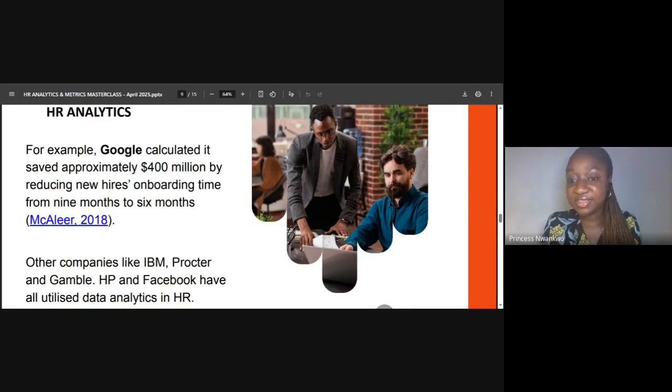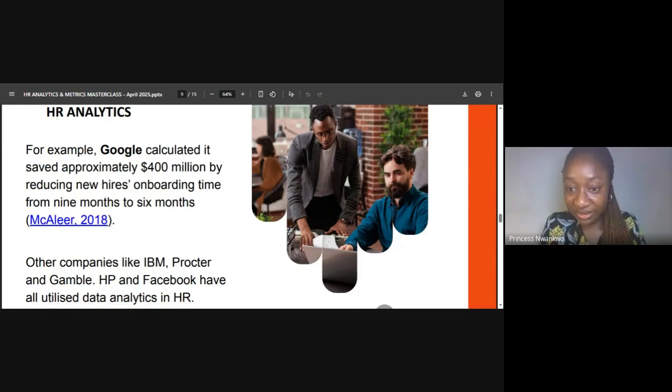And even if there was data, if that data was not analyzed, they would not have been able to get that information and then make their processes better. So Google realized that when they reduced the onboarding time from 9 months to 6 months, this was actually for their sales team, over a period of time, they were able to save $400 million.